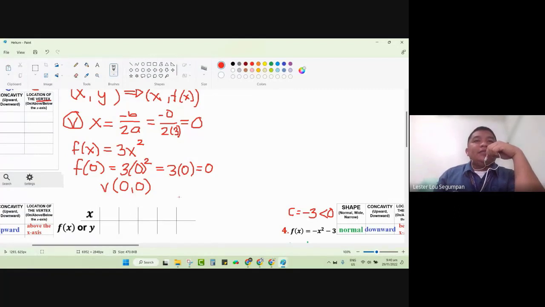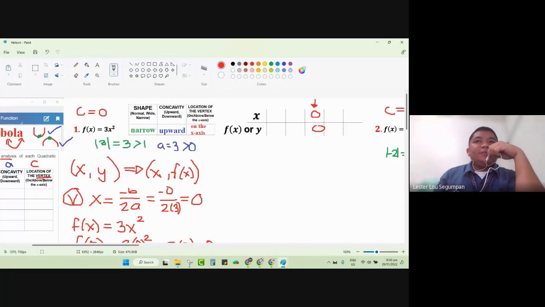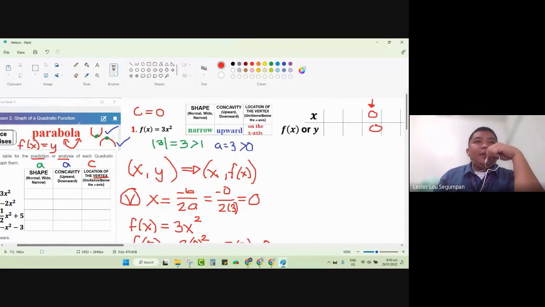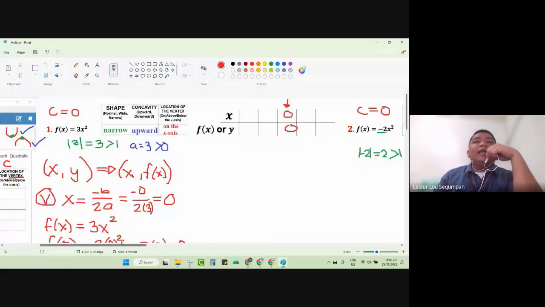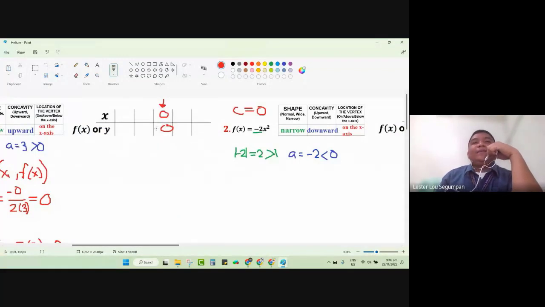As mentioned, that vertex is placed in the middle because our graph should be a parabola. And if that vertex is not placed in the middle, we cannot see the curve for both sides. So let us have this here. Now that we have identified x being 0, we are going to locate two integers below and above it.